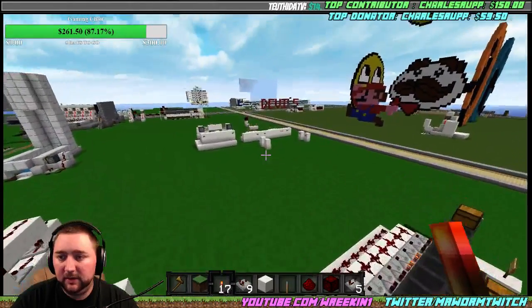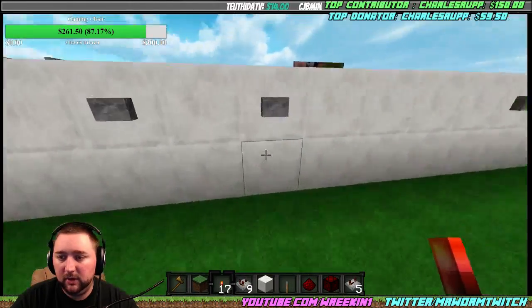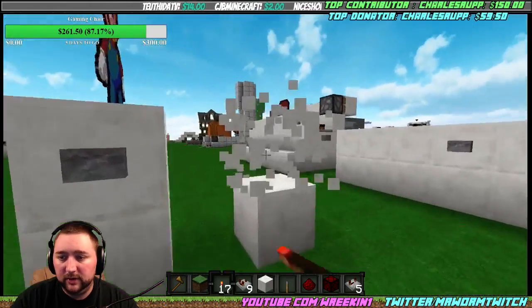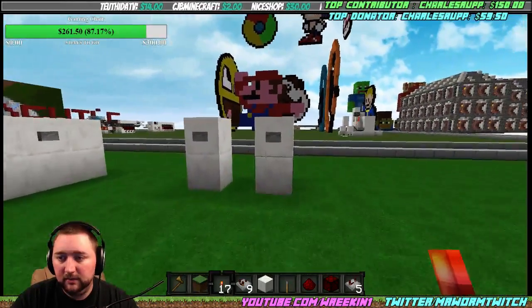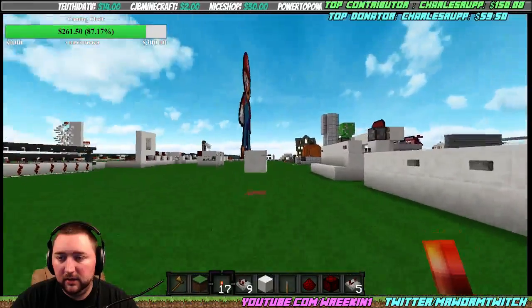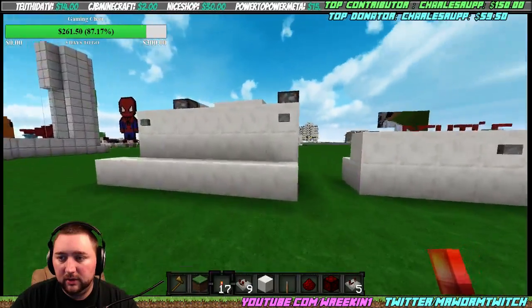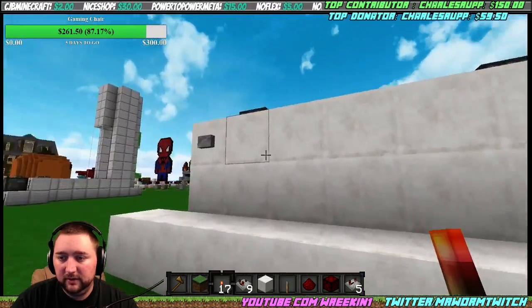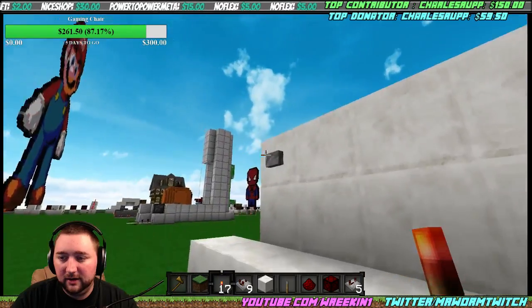Somebody asked me to make something last week. I forget what it was. This is my nuclear door, which is what they asked me to build for them, because they were going to do it in their multiplayer world. Basically, if you get these two quick enough, it's kind of hard.